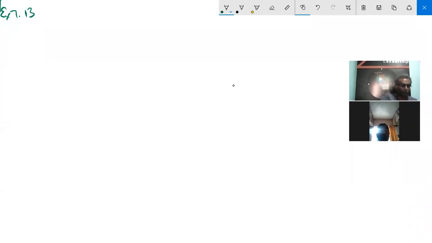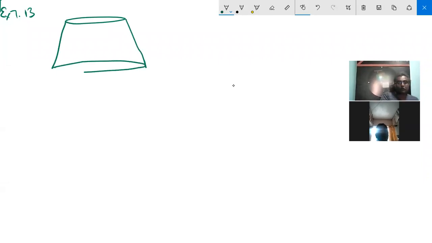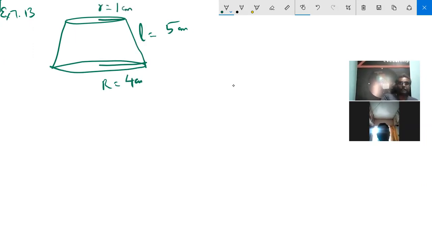The slant height of a frustum L is 5 centimeter. Radii of its ends are 4 centimeter and 1 centimeter. Big R is equal to 4 centimeter. Small r is equal to 1 centimeter. Find its CSA.